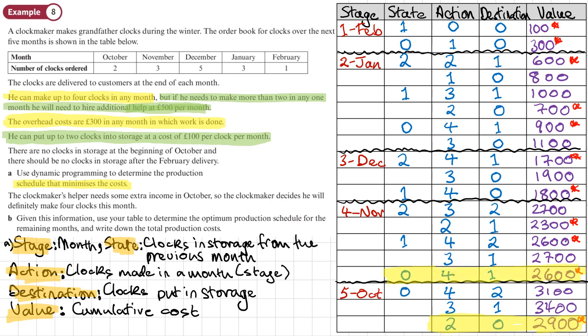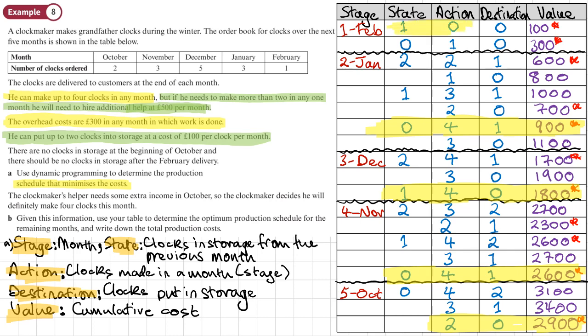So it's going to be this bit here, with 4 being made in December and none being carried on to the next month. So that's going to be this one here. And then lastly, 4 being made in January, with 1 being carried forward to the next month. And that's going to be this one here.